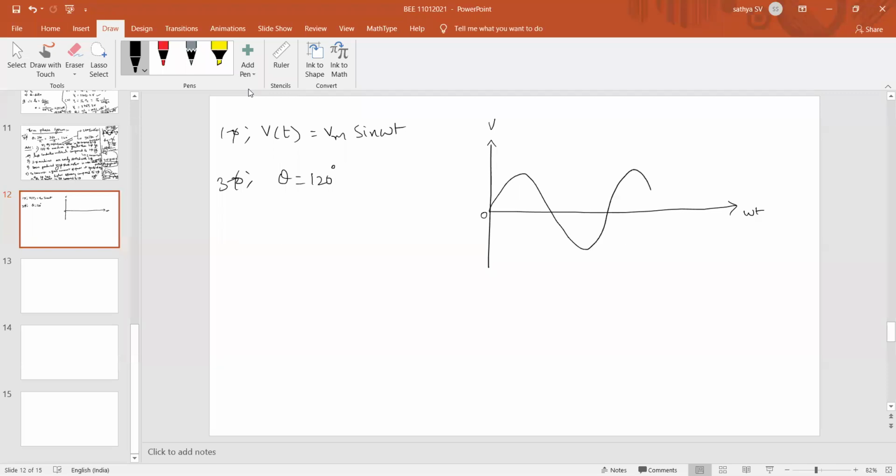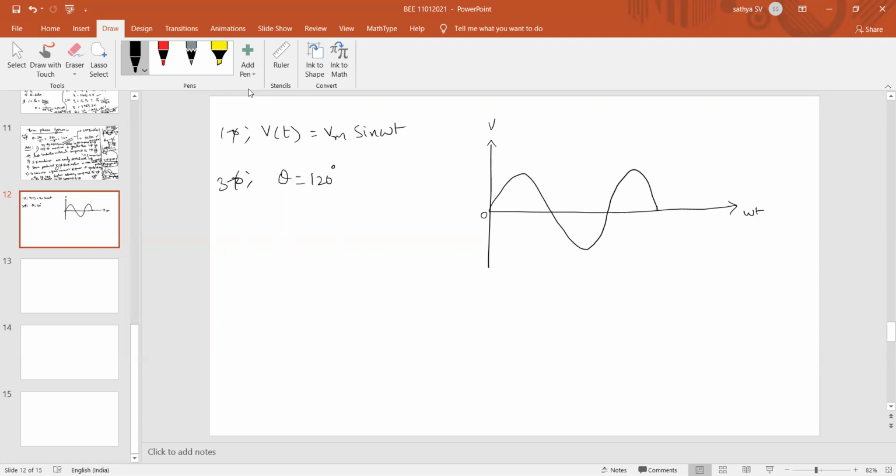If I am unable to draw neatly, you can draw it in your notes. All of you start drawing in your class notes. I will mention the points so that you can see how to represent it. Mark the values 0, 180 and 360 degrees.